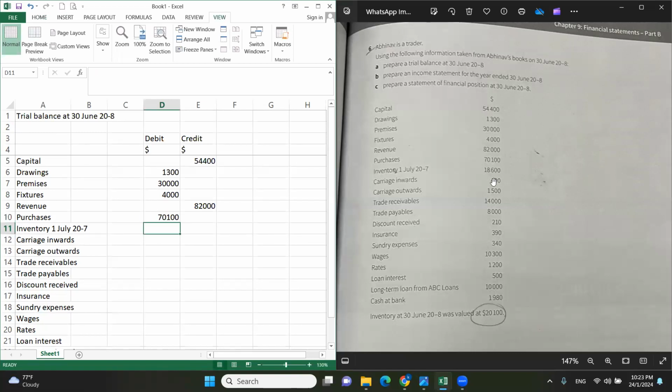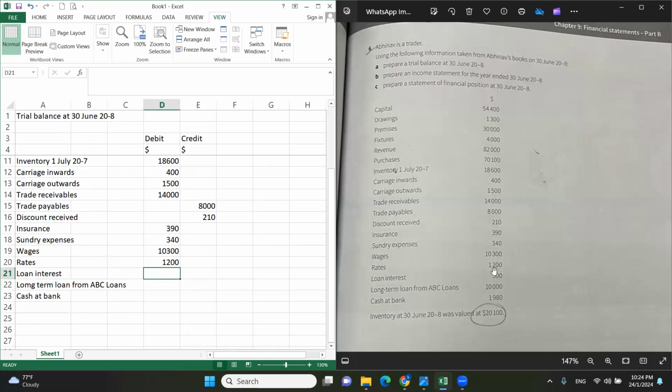Next, inventory is an asset, and then carriage inward is a cost of sales, carriage outward is expenses, and then trade receivable is an asset, and then trade payable is a liability, discount received is other income, and then insurance is expenses, sundry expenses is expenses, wages is also expenses, and then rates is also expenses, long-term loan, I missed out.